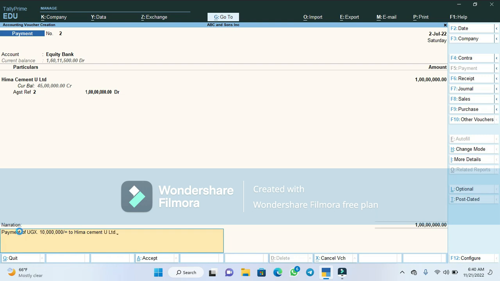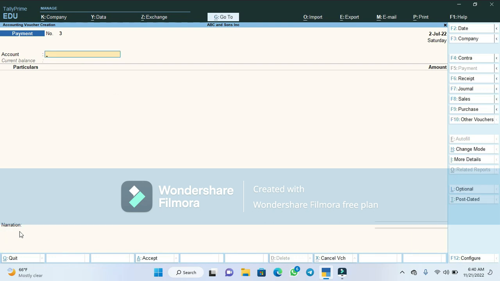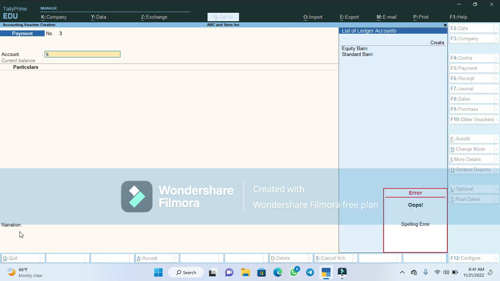You can just leave it at that. Enter and say yes. However, you can prolong it to include whatever you want the accountant or auditor to see in the narrative notes.